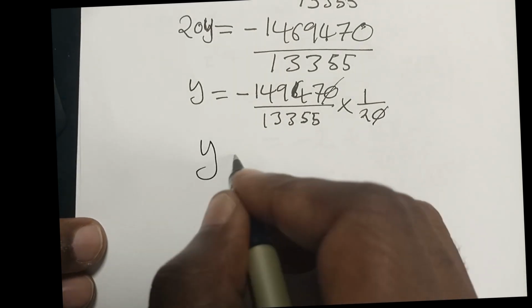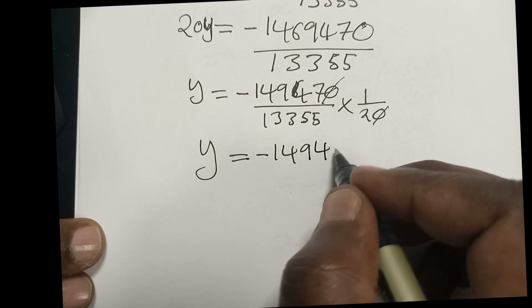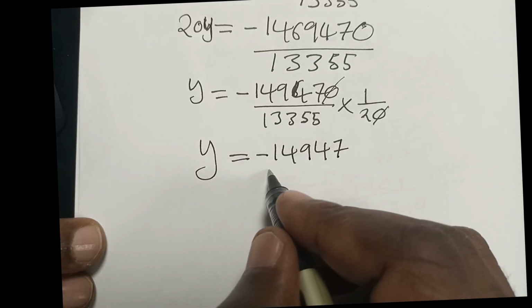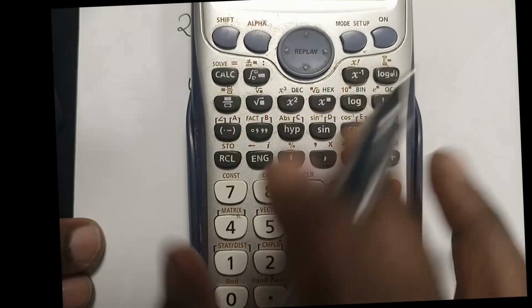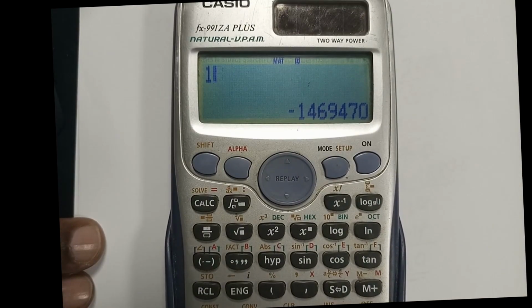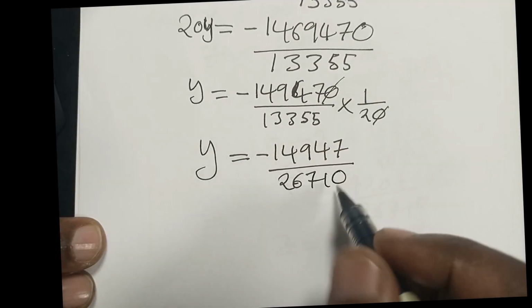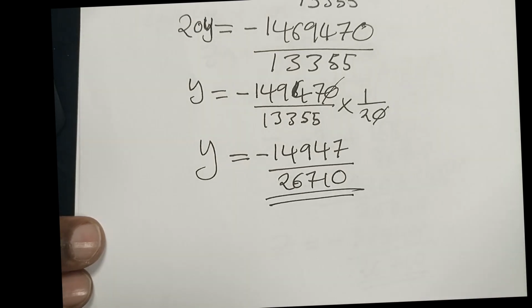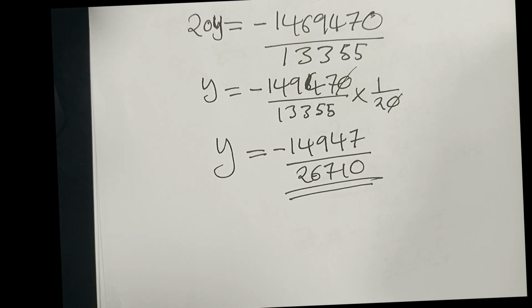So your y will become minus 146947 over 13355 times 2, which is 26710, and that is the value of y, and that's how you solve this intimidating equation.